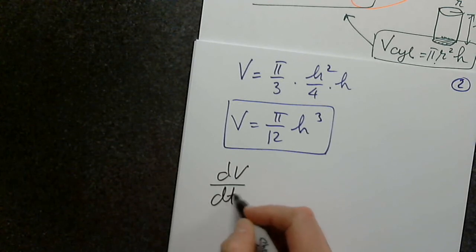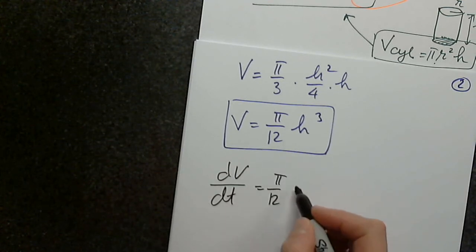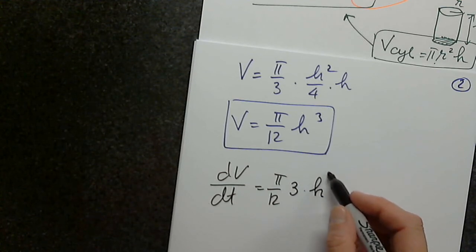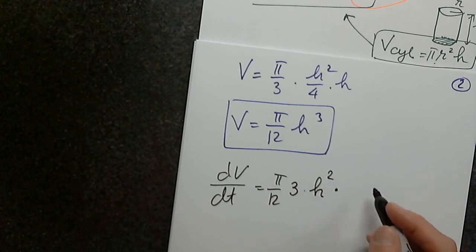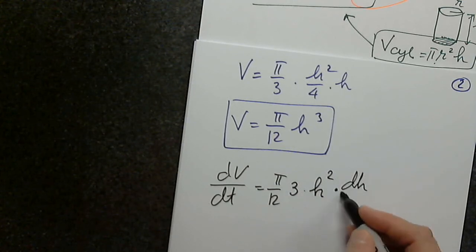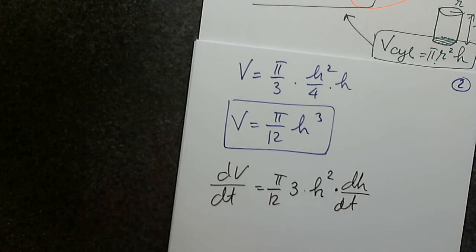That's it. We differentiate the right-hand side, 3 times the height to which power? Times... right. That's why we said from the very beginning, before we even differentiated, V and h are both functions of time.